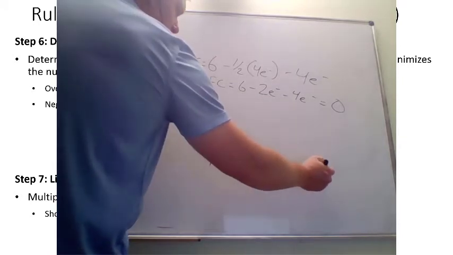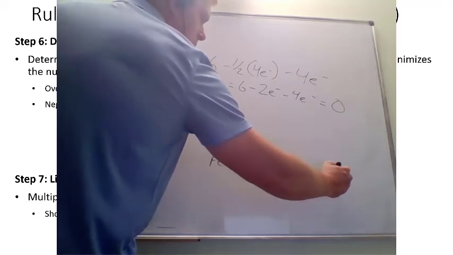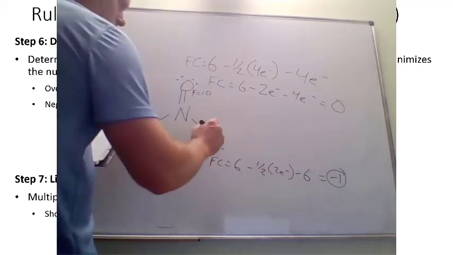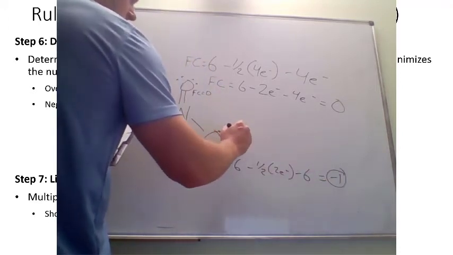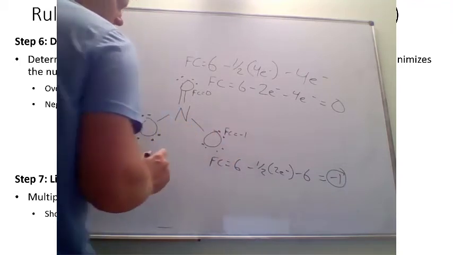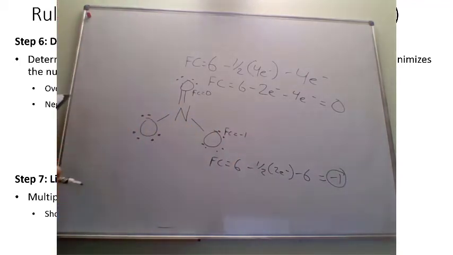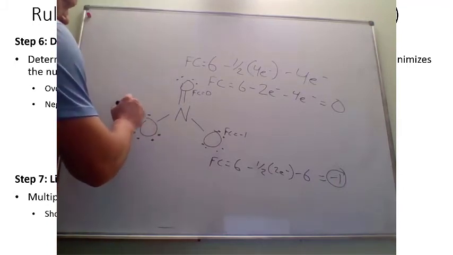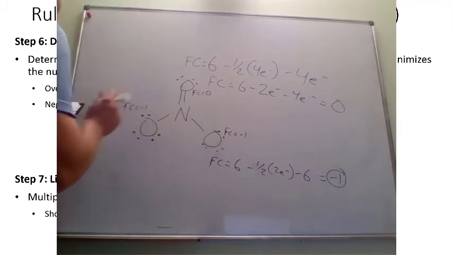So that gives us a formal charge equal to minus 1. So we have a formal charge equal to minus 1 for that oxygen. This oxygen over here is exactly the same as the other one. So again, we'll have our formal charge equal to minus 1.